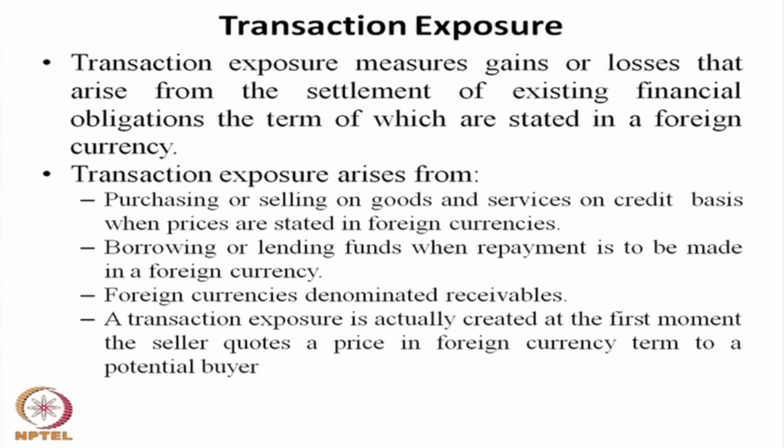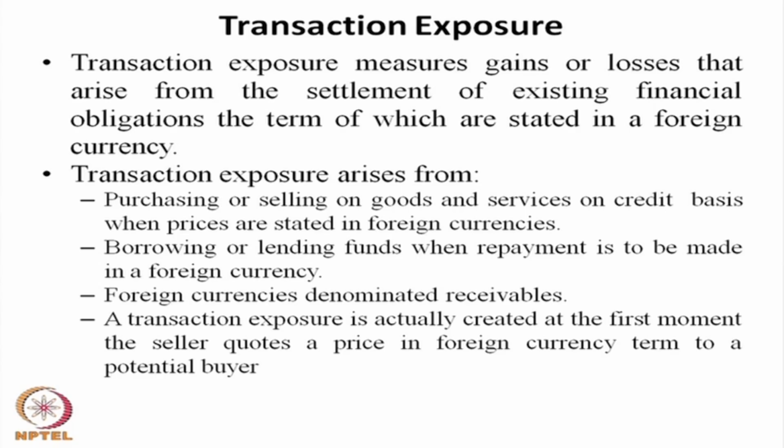Transaction exposure arises from purchasing or selling goods and services on credit basis when prices are stated in foreign currency. We are purchasing or selling goods, and the prices are in foreign currency. Whenever there is a foreign currency fluctuation, the value of the goods and services changes, so we have transaction exposure.